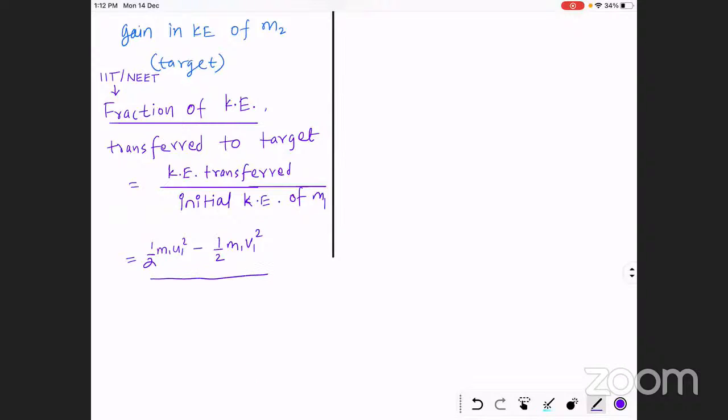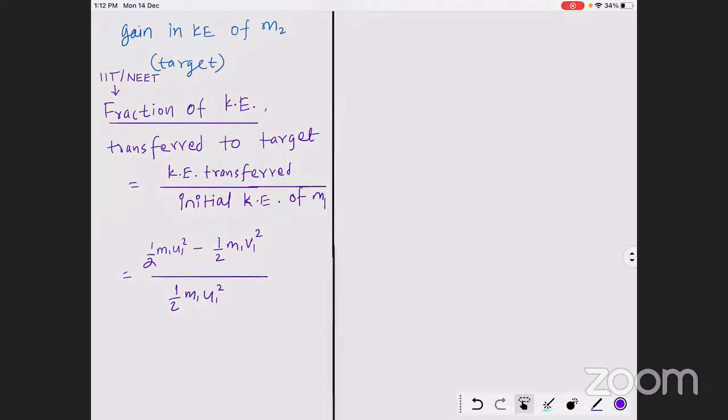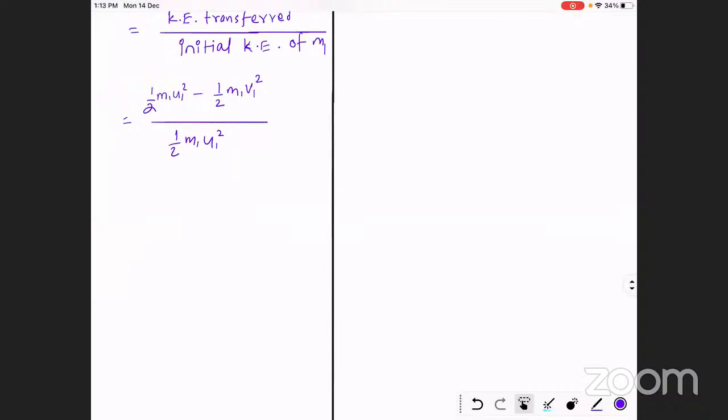Whatever is lost will be transferred. So the kinetic energy of M1 decreased by this much, whereas earlier it was this much. So you can say this is the fraction of kinetic energy transferred by M1 to M2. Okay, this is known as fraction of kinetic energy transferred by M1 to M2. If you put value of V1 and start solving this, what will you get?